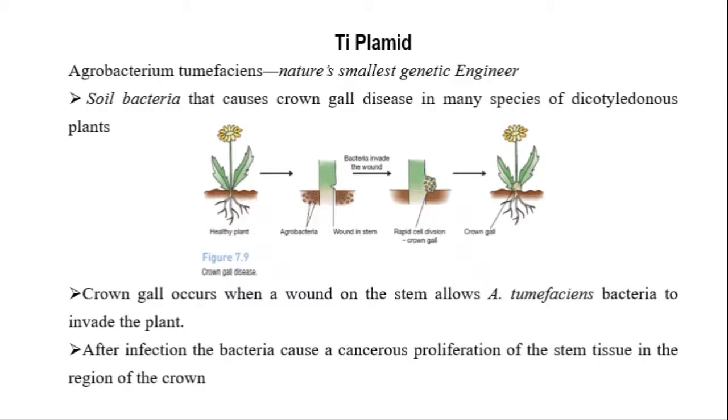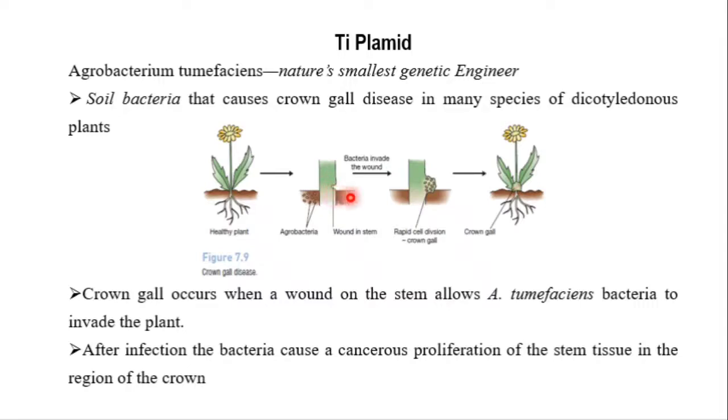Now let's see how this crown gall disease is formed. When the bacteria invade the wound on the stem of dicotyledonous plants, here you can see Agrobacterium is present in the soil, and a wound is formed in the stem of this plant.